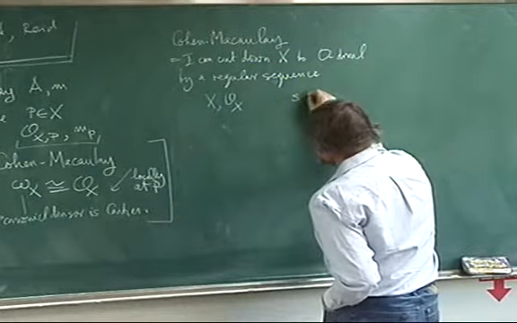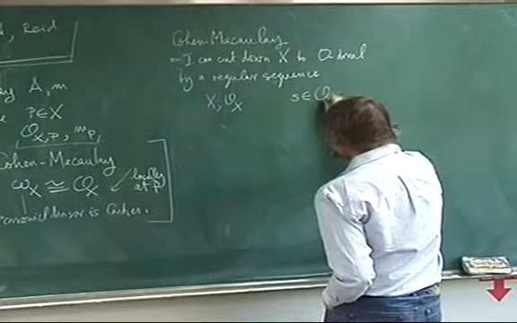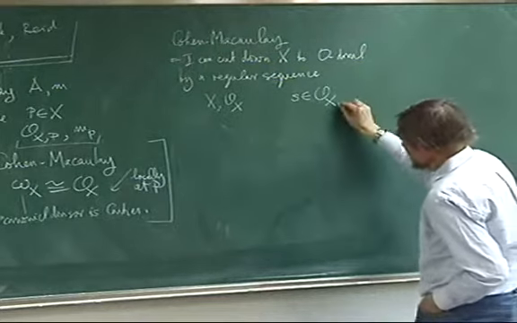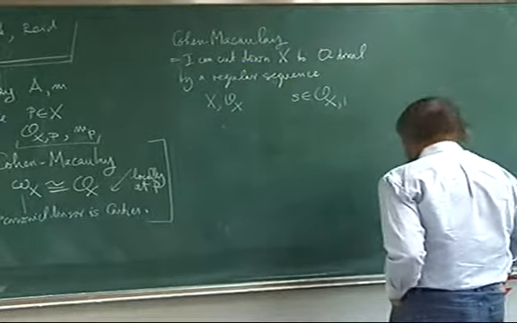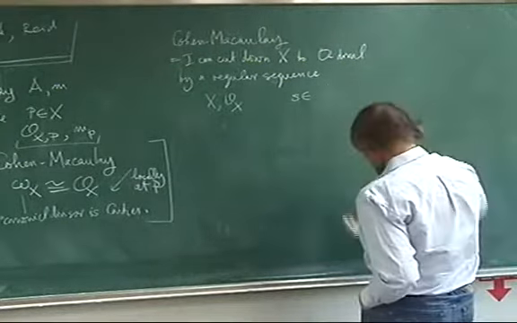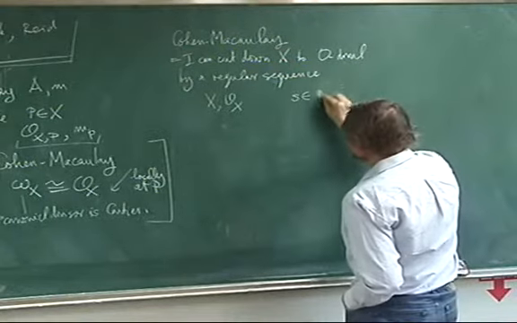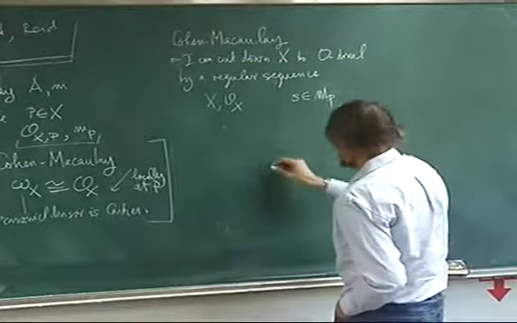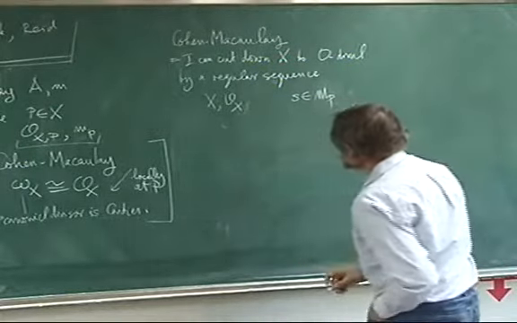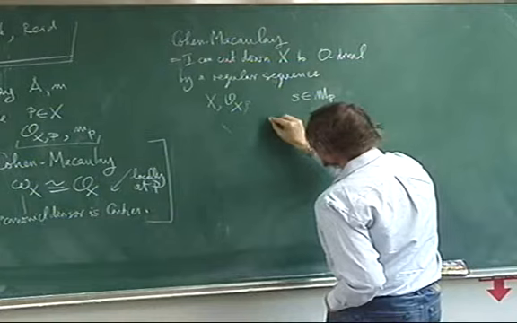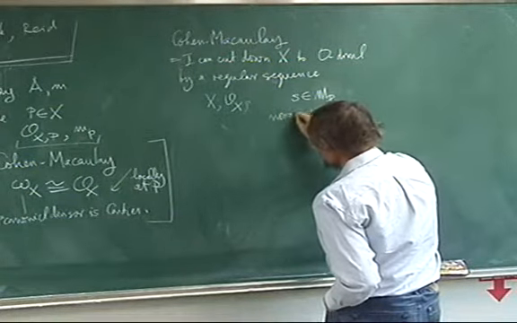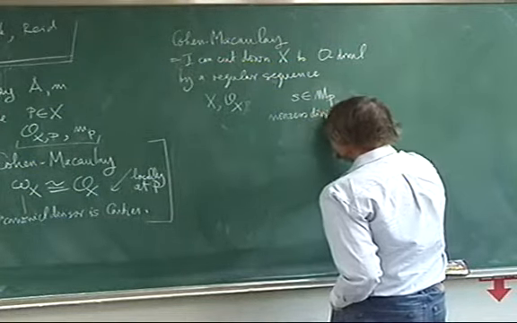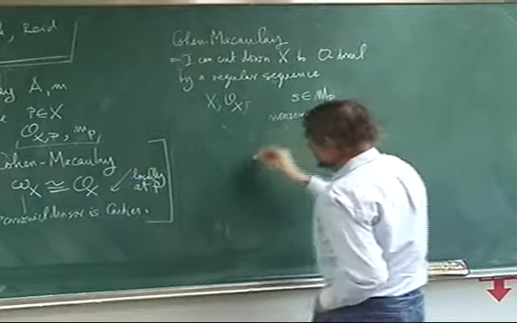I'm going to take an element S in M_P. Now this is local at P, right? And I want this to be a non-zero divisor.